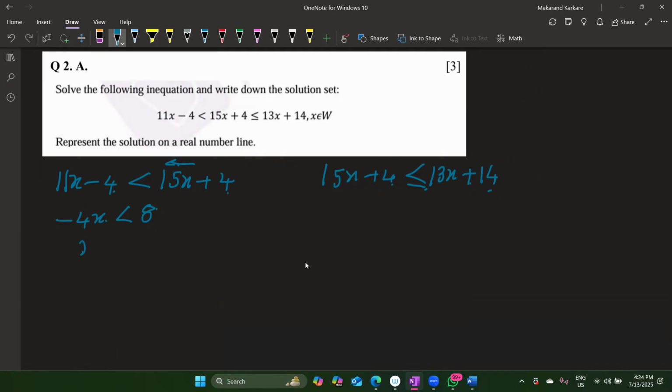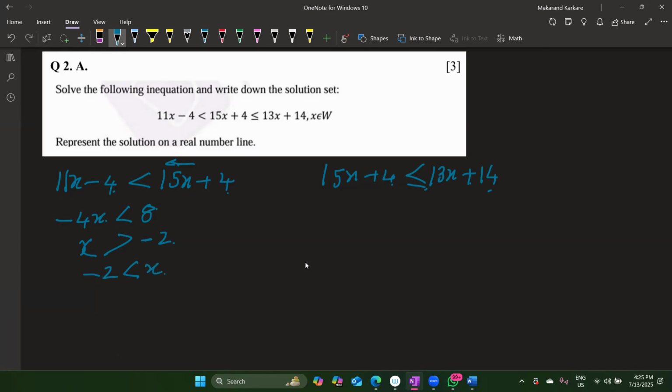And so x is, I will have to divide by minus 4 on both sides. And so when I divide by minus 4, the sign will change. And so x is greater than minus 2, right? Or minus 2 is less than x.